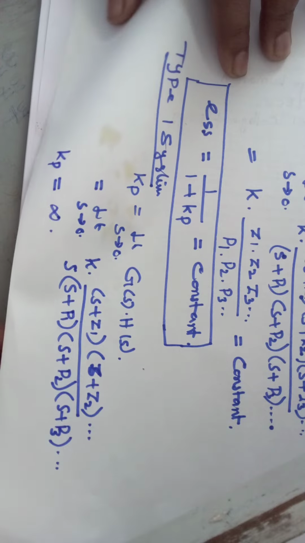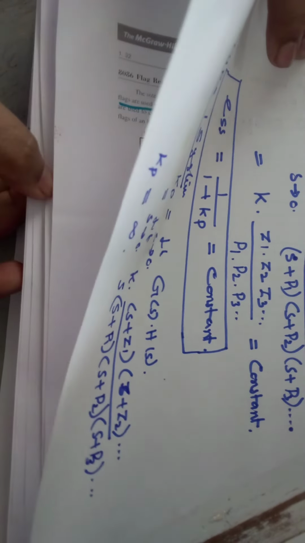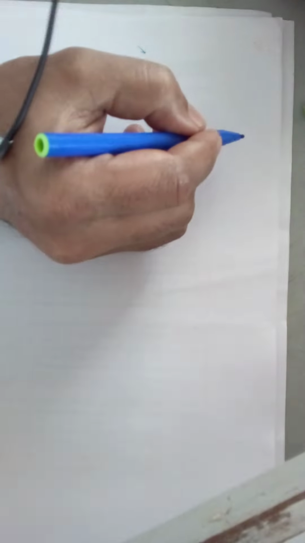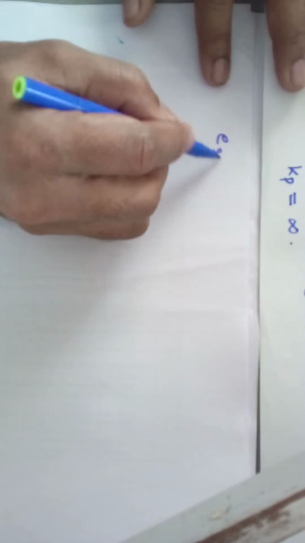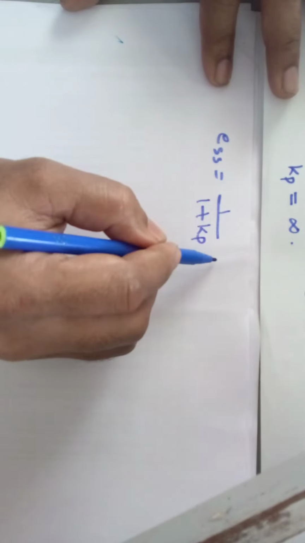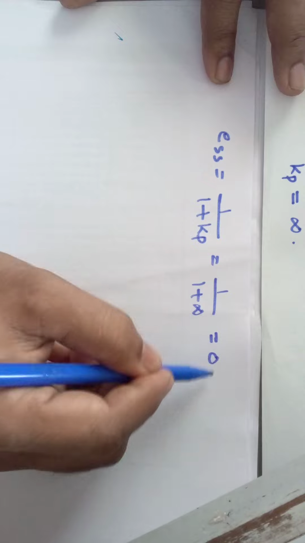Therefore we can calculate the steady state error ESS as 1 by (1 + Kp), that is 1 by (1 + infinity), which is equal to 0.